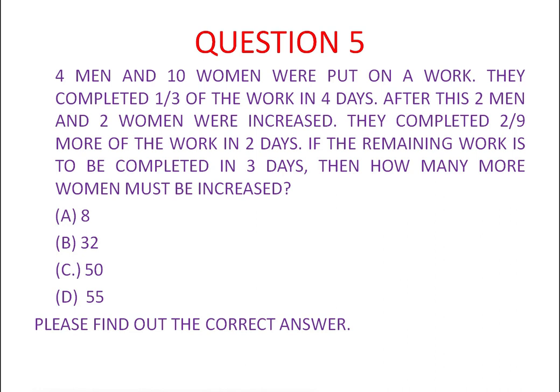So here we conclude that 6 men and 12 women will complete a work in 9 days, because they are completing 2 by 9 of the work in 2 days. So basically they will take 9 days to complete the whole work.